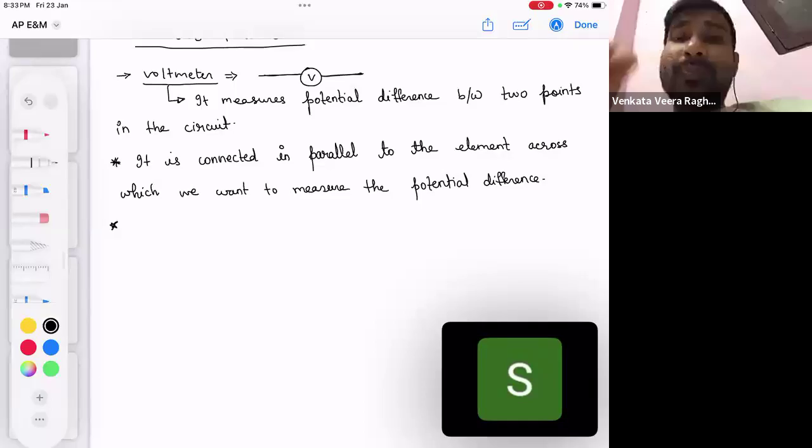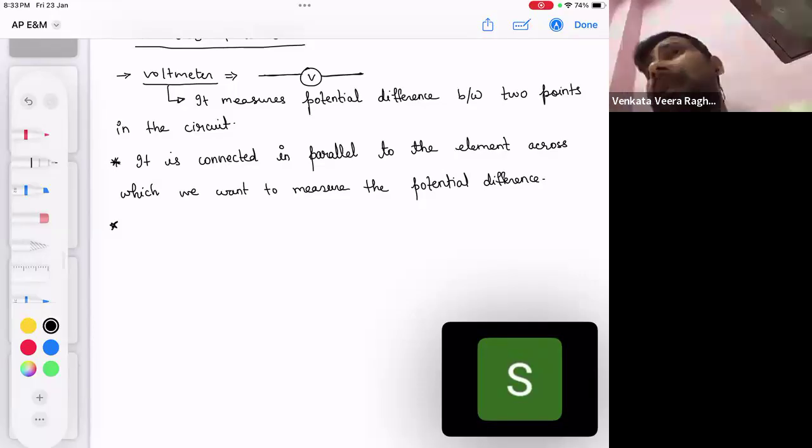Whenever we connect a voltmeter in a circuit, our purpose is to measure the potential difference, so the voltmeter should have such a high resistance that it does not draw any current for itself. When that thing has a very high resistance, it won't draw any current through the circuit.